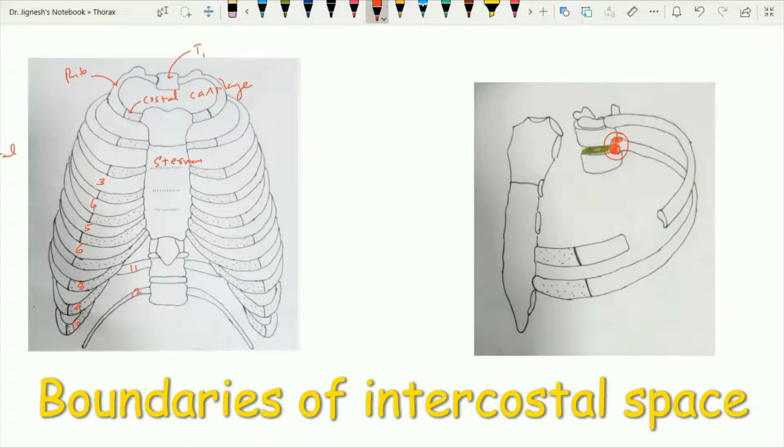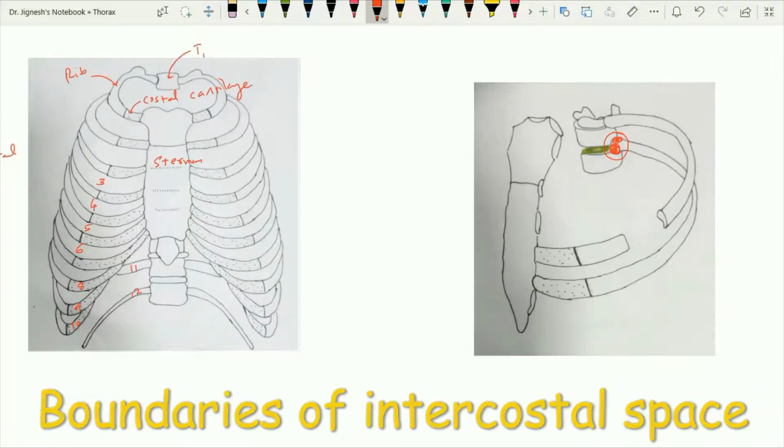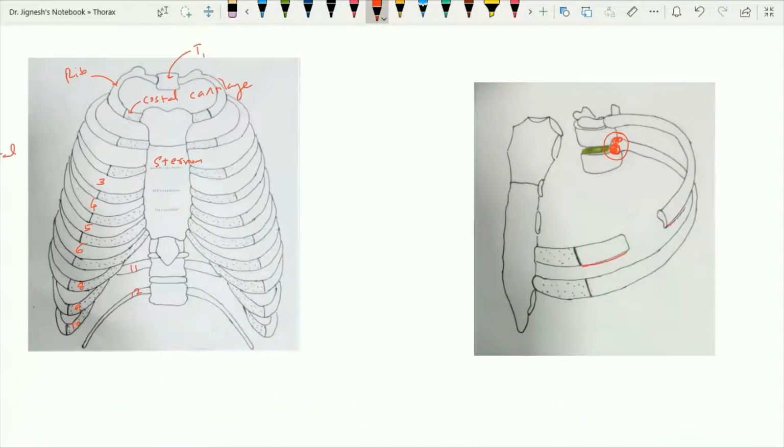This intercostal space is bounded above by the sharp lower margin of the higher rib, while inferiorly it is bounded by the upper blunt border of the lower rib. Anteriorly, it is related to the lateral border of the sternum, while posteriorly it is related to the body of the corresponding vertebra.